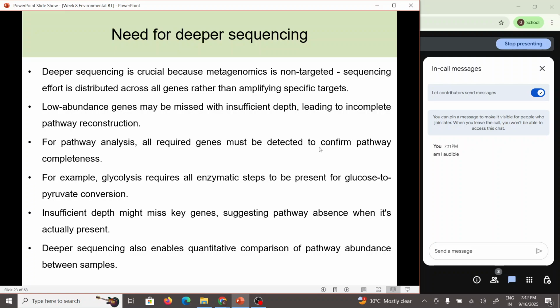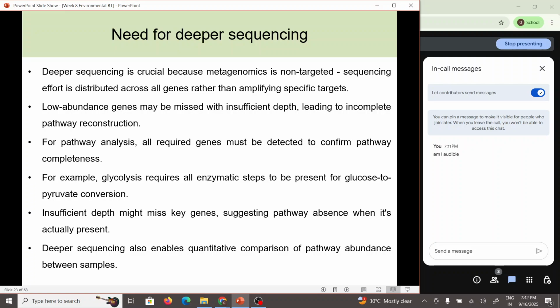So deeper sequencing is essential in metagenomics because it is a non-targeted approach. In a targeted approach like amplicon sequencing, we know we are targeting a particular organism or gene, and hence that will be amplified. But in metagenomics, we are using a non-targeted approach, and therefore the sequencing effort should be distributed to all genes.